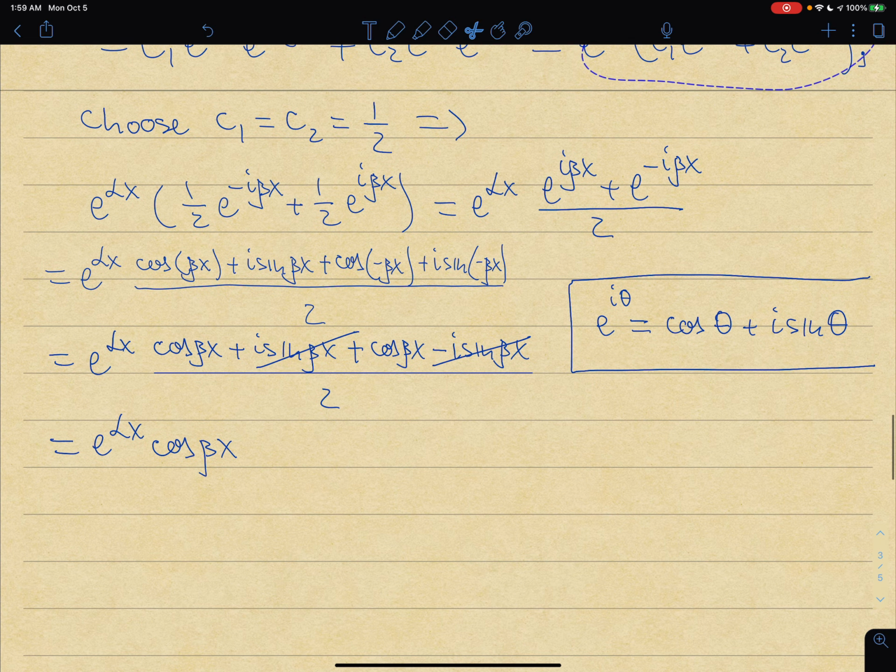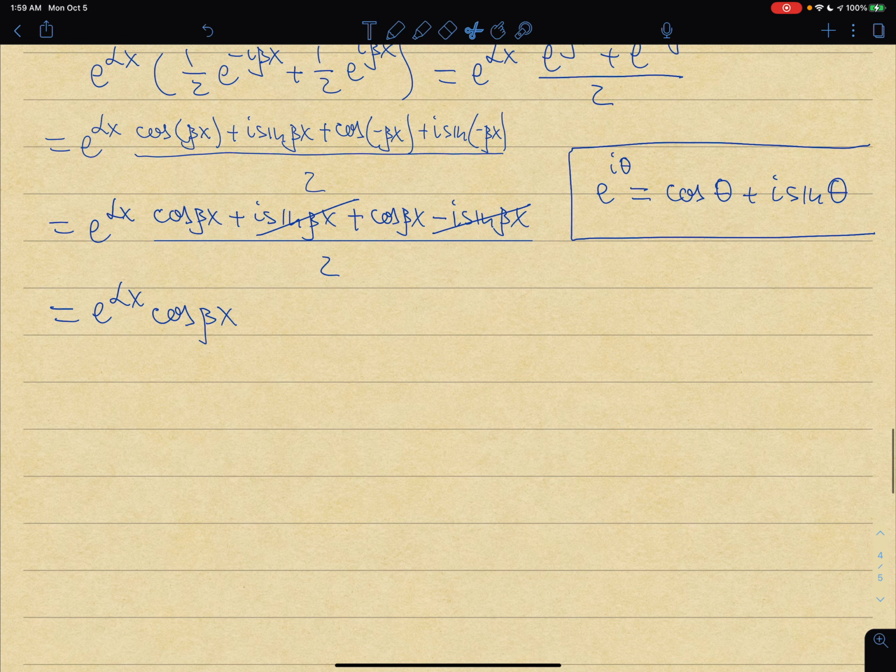So if I have C1 and C2 equal to 1/2, then instead of a complex function I end up with a real function, because the complex part is equal to 0. So this then is a real solution of the ODE.